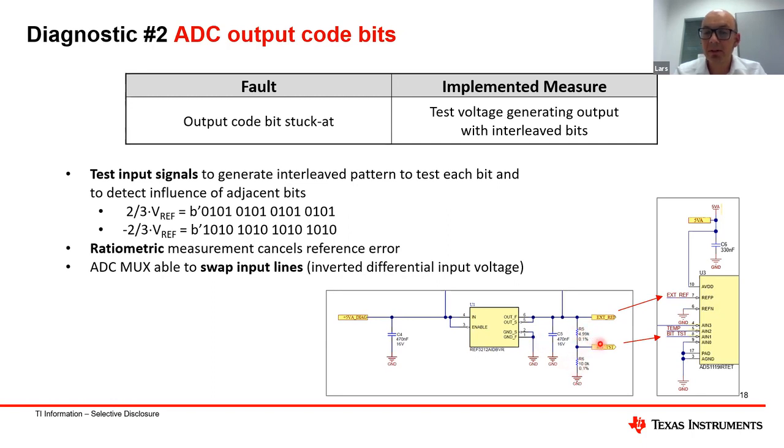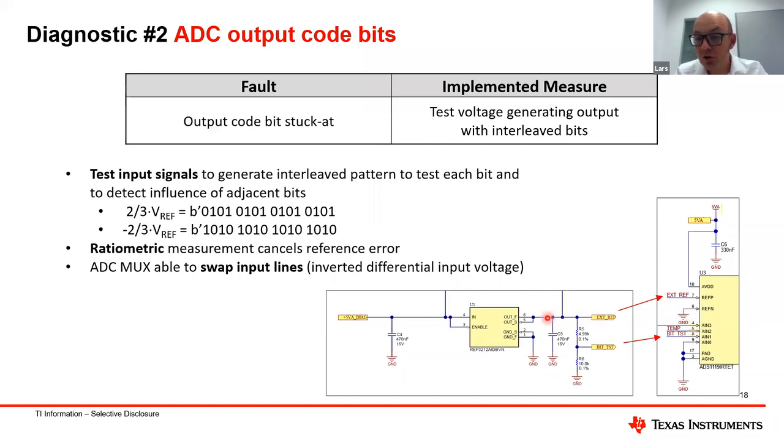So the bit test voltage here, as you can see, is 0.833 volt out of the 1.25. And the voltage is fed into the A-in-1. And this means we have a ratiometric measurement.